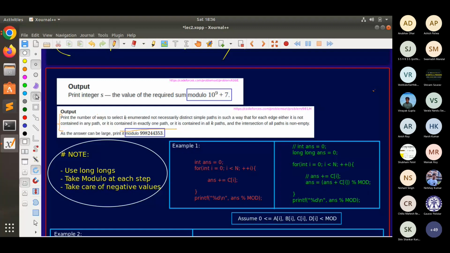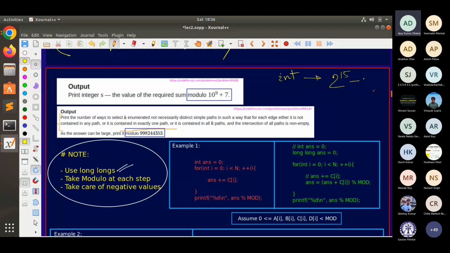Use long long. Why would int not suffice? Can anyone say? Does anyone know the limit of int for C or C++? Some 32,000? That's 2 power 15 minus 1. Actually 2 power 31 minus 1 for signed integers.